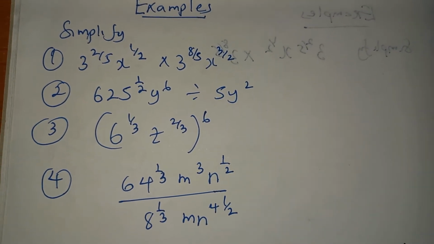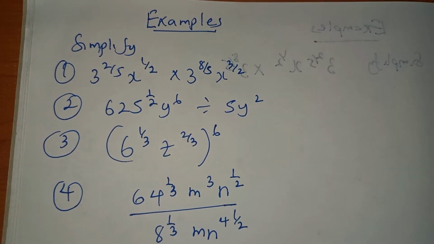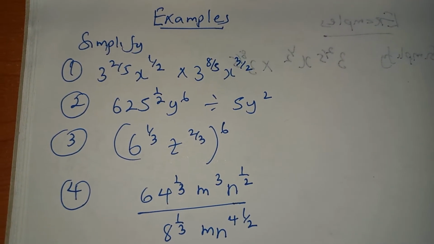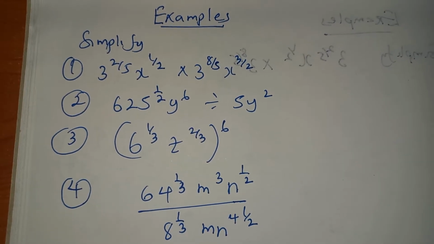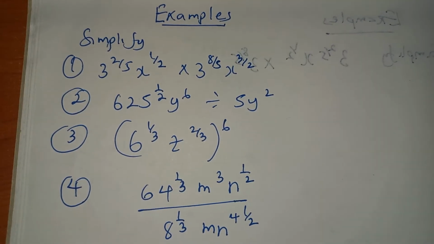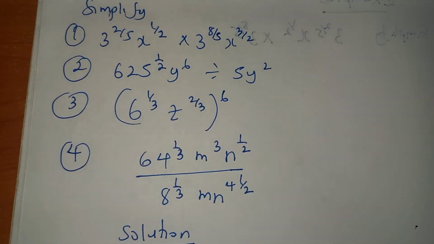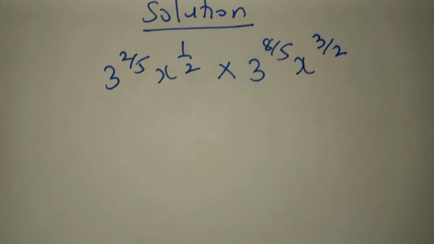So let's look at the solution to the first example. We have 3 raised to the power 2 over 5 times x raised to the power a half, multiplied by 3 raised to the power 8 over 5 times x raised to the power 3 over 2. Now, how do we solve this?